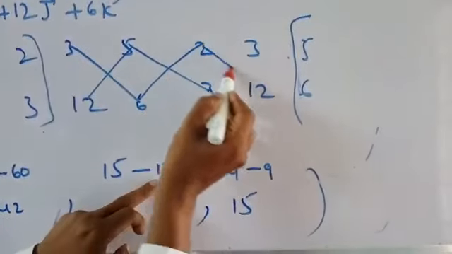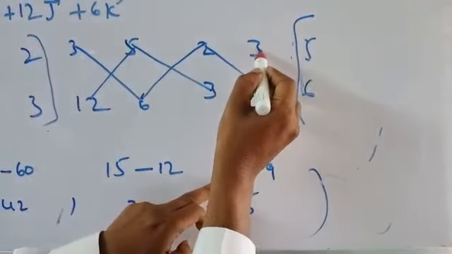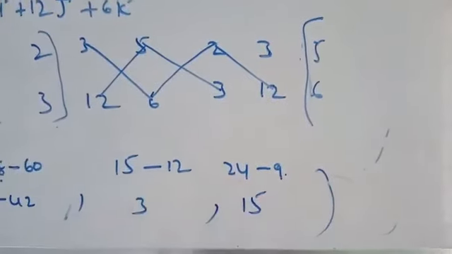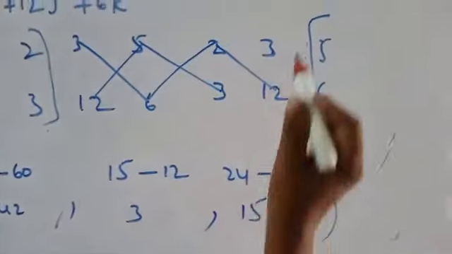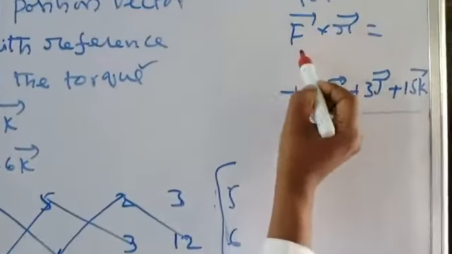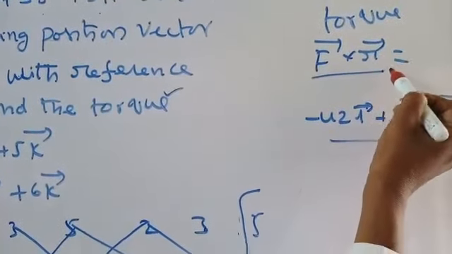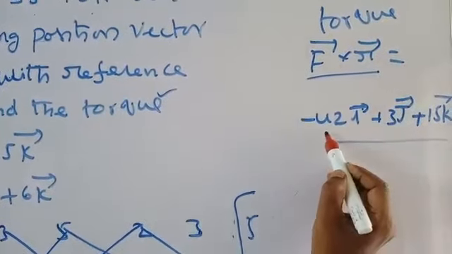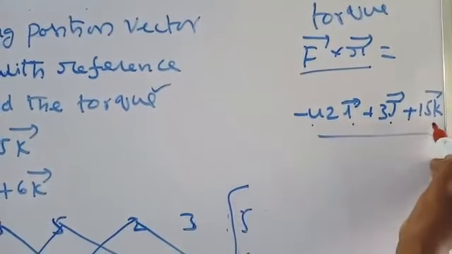Next 2 into 12, 24, minus 3 into 3, minus 9. So this is 42, this is 3, this is 15. The torque, F into R, force into position vector, is equal to 42 i bar plus 3 j bar plus 15 k bar.